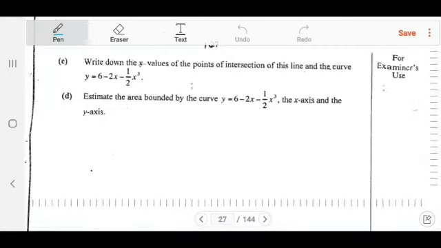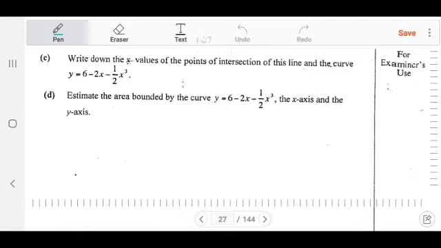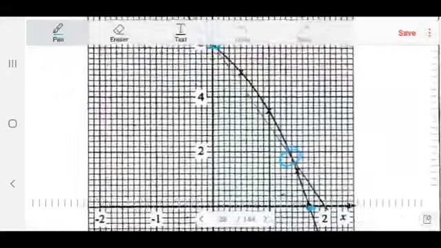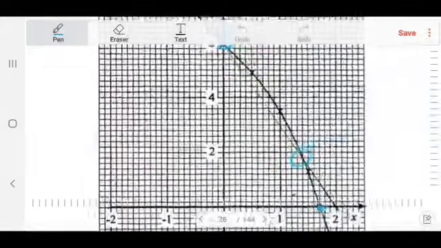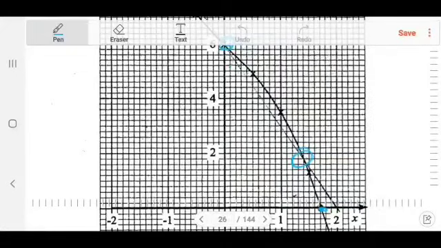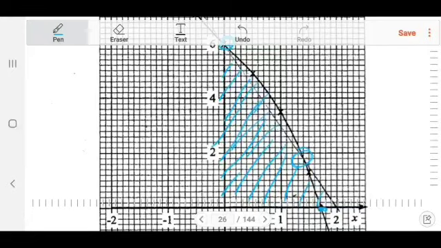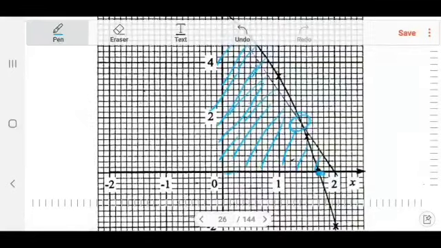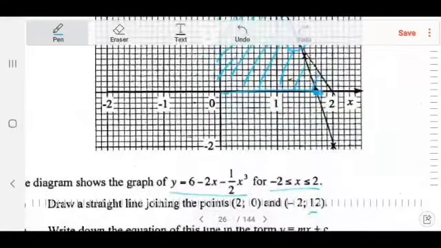Then the question says estimate the area bounded by the curve. This is going to be hard for me to estimate, but the area that is needed is this one. So you just find the area of this one using half base times height, and we are going to find the area there.